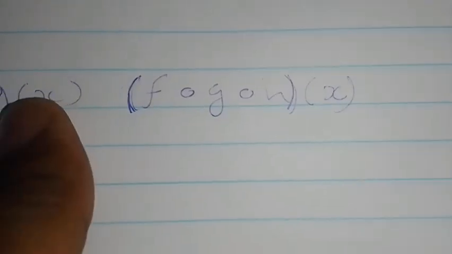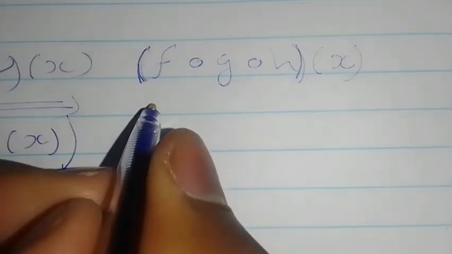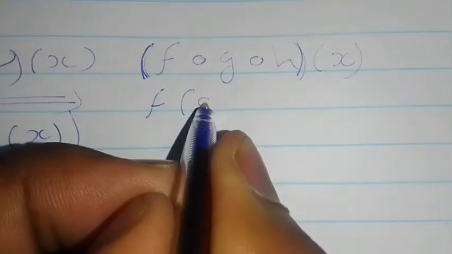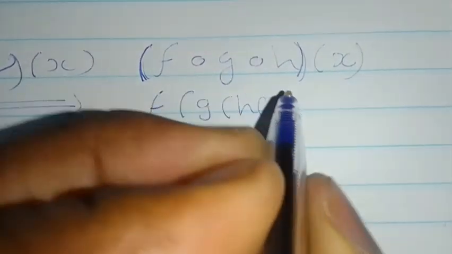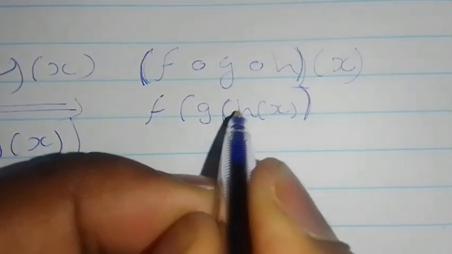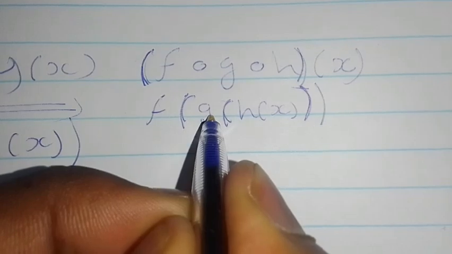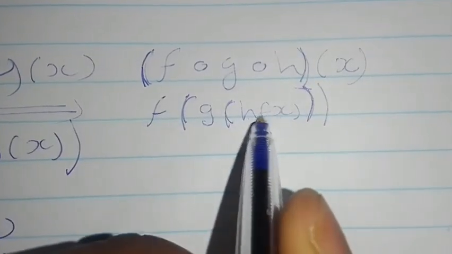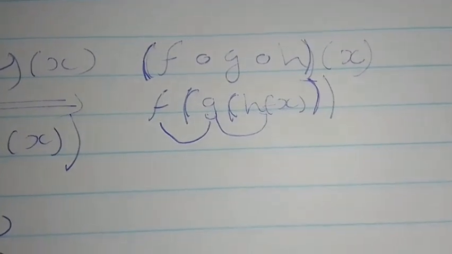If you focus here, you have f of x, and then you substitute g at h at x. So you have f at g at h. You have h at x substituted in g, and that is substituted in f. So that's what this notation means really.